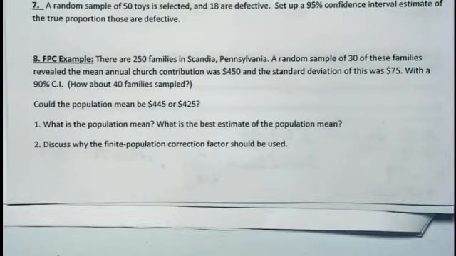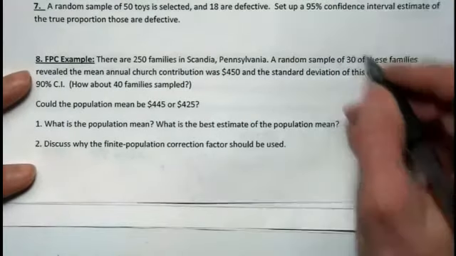A random sample of 30 of these families revealed the mean annual church contribution was $450 and a standard deviation was $75, with a 90% confidence interval. The question, could the population mean be $445 or $425? Again, the first question I will ask you is, what is the population mean? Okay? So, let's write the givens.